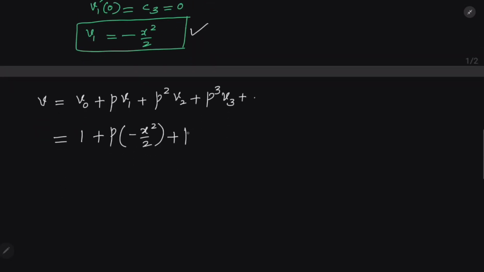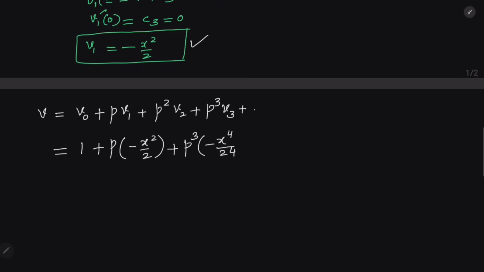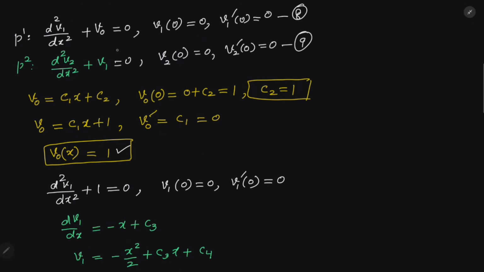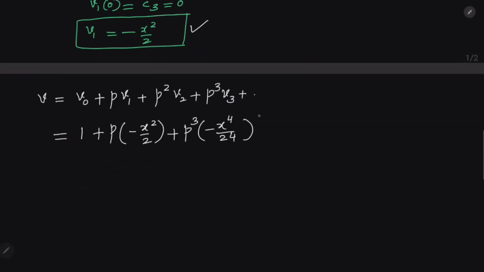Then the next term you can solve yourself, and v2 is, maybe I guess it, x4 by 4 factorial, it should be 4, 3, 2, yes, it is 24. So you can get the solution yourself. This is simple integration, you will get 24, and so on.